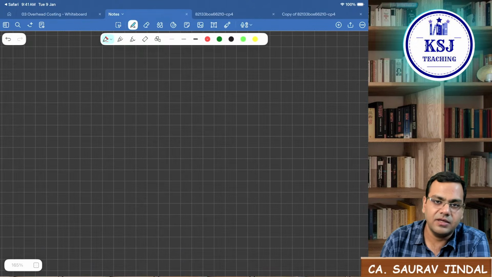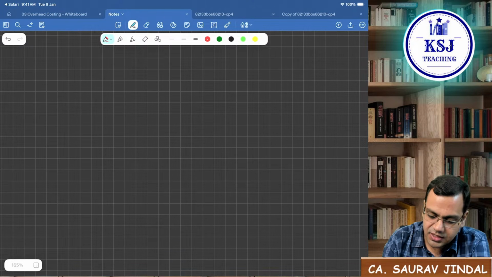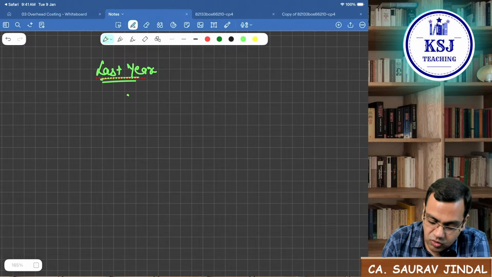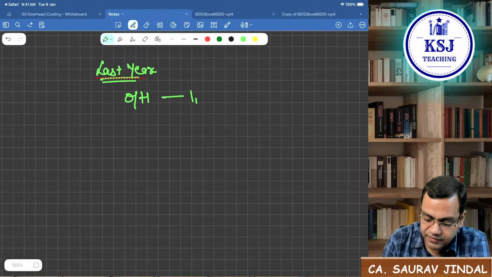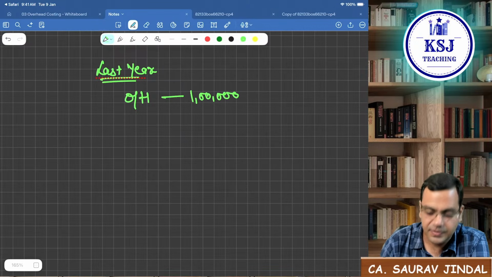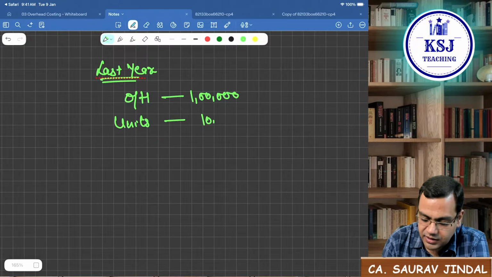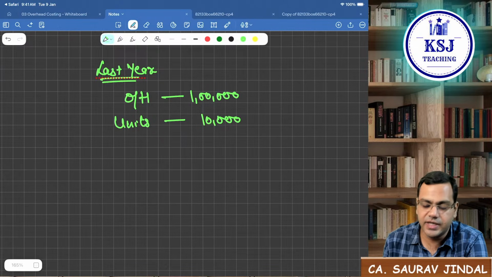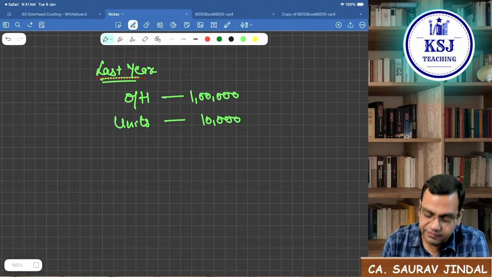First, what I'm saying is in the previous year, my overheads were 1 lakh. And I produced how many units? I produced 10,000 units, and my overhead cost was 1 lakh rupees.